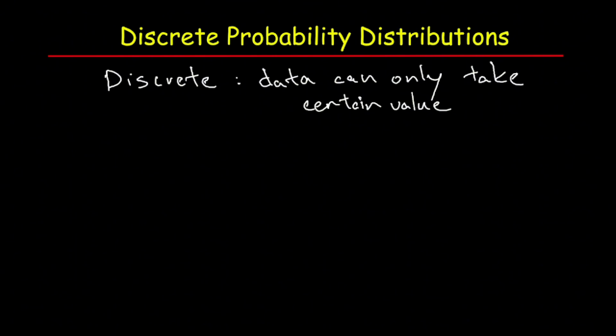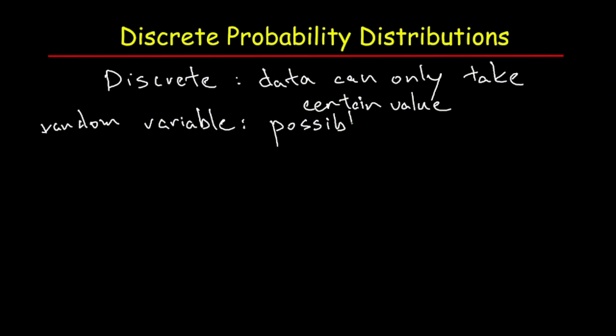I also want to go over another definition, that is the random variable. A random variable represents in number form the possible outcomes for a random experiment.